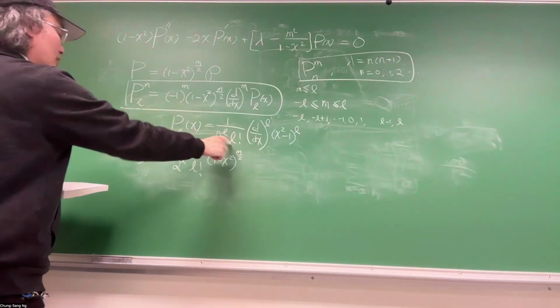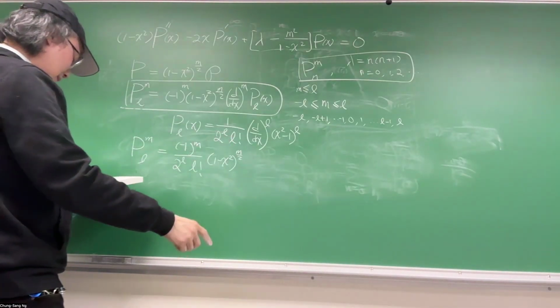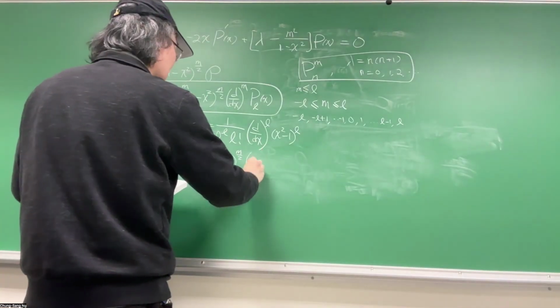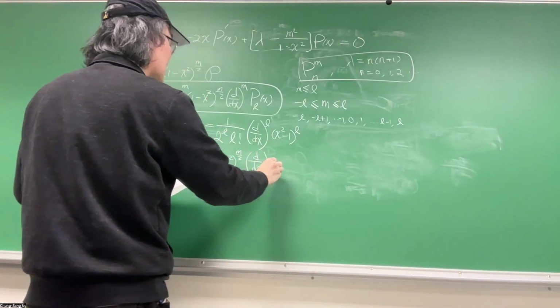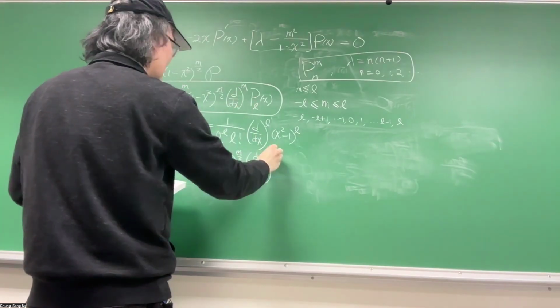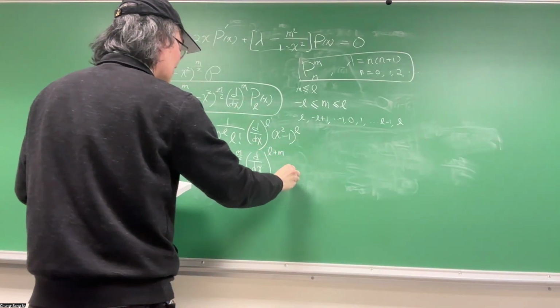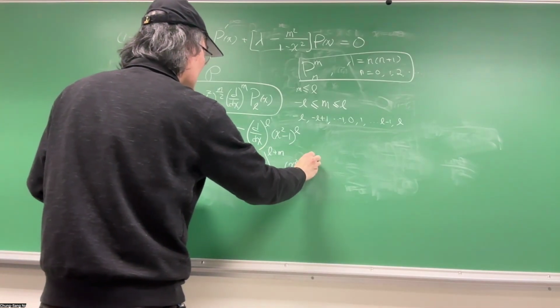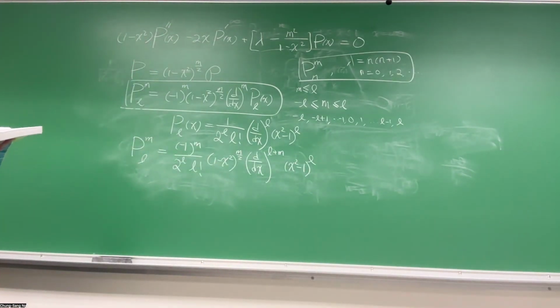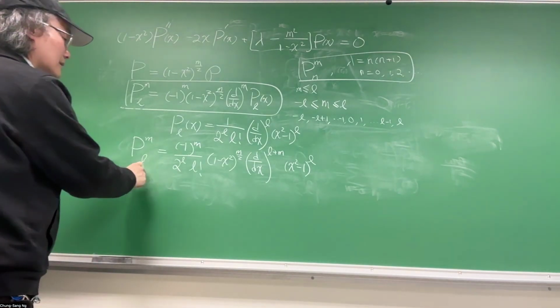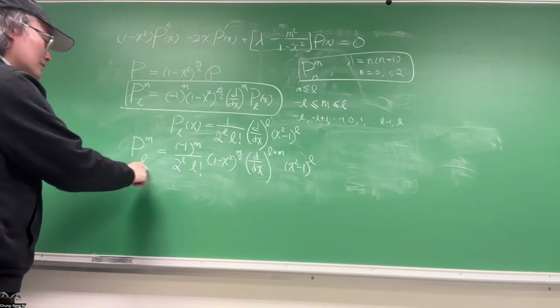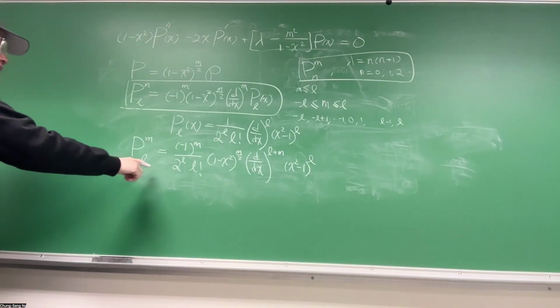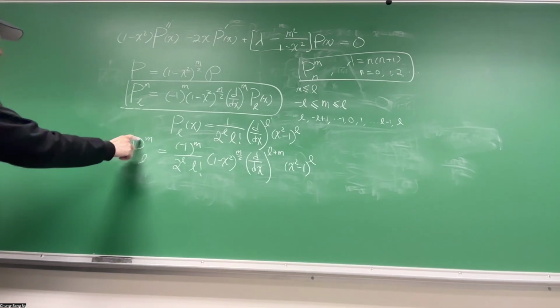These are coming from the Rodrigues formula. Then combine all the derivatives, and this becomes the L plus M derivative operating on (x^2 - 1)^L. So that is using the Rodrigues formula, the definition of this P_L^M.